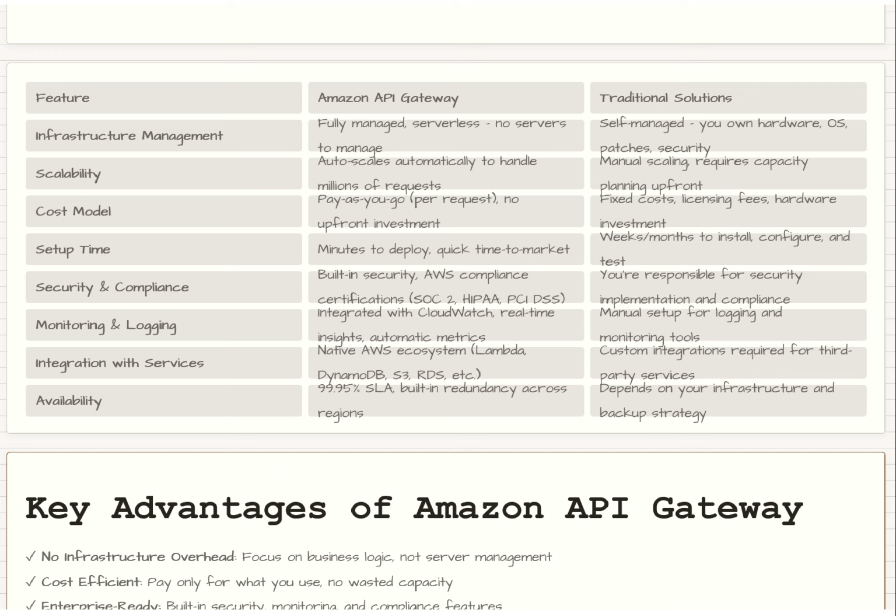Traditional solutions mean you self-manage your own hardware, with patches and security. Scalability: auto scaling, whereas the traditional method is manual scaling. Cost model is pay as you go, whereas the traditional model is fixed cost, licensing fees, and hardware investment.